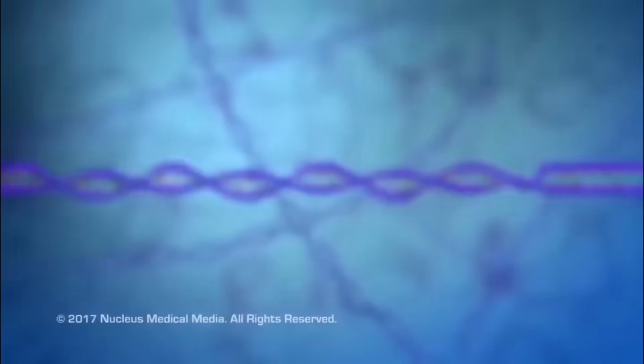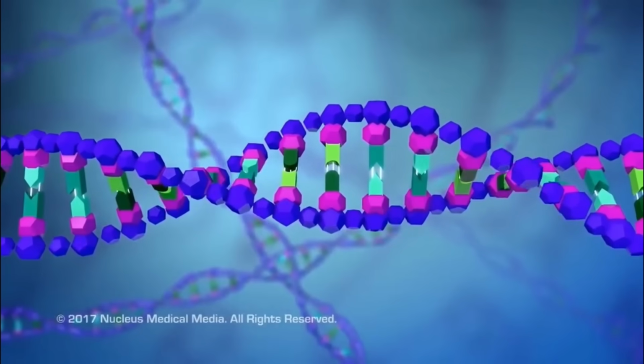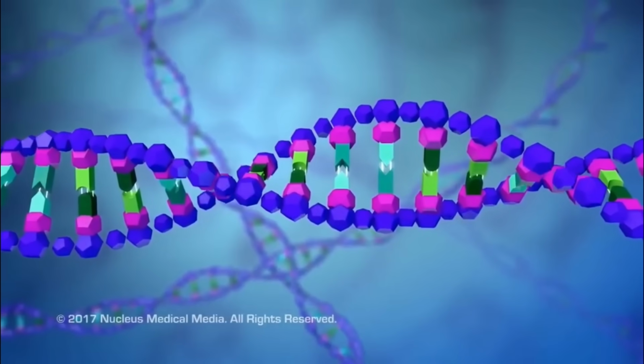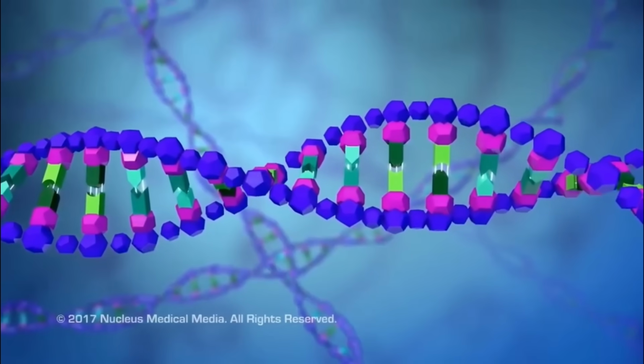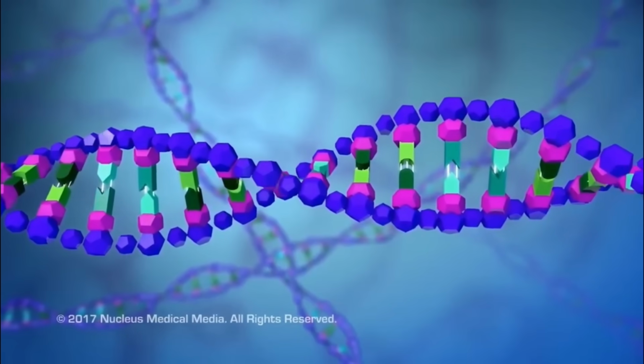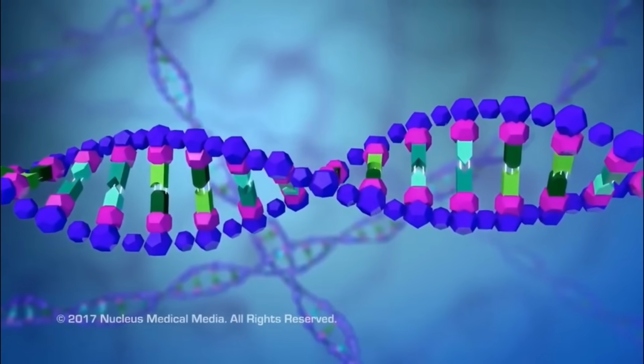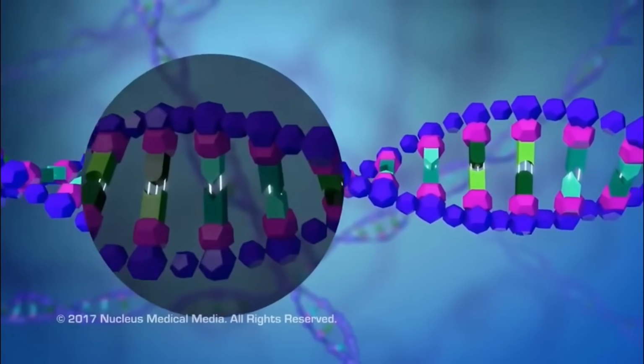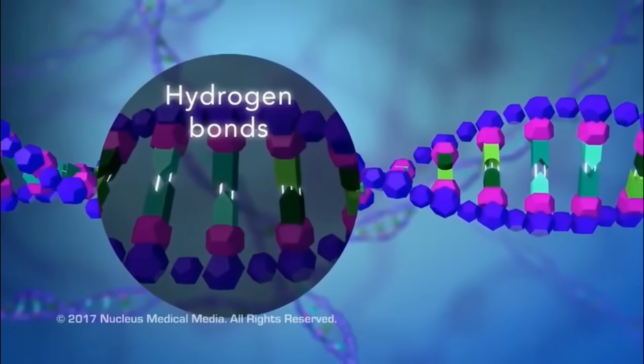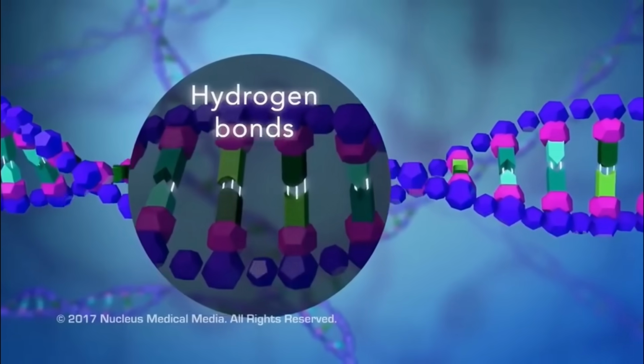If we zoom into the nucleus, we can see the DNA molecule's two strands or sides twisted together in the classic double helix formation. The two strands are connected by hydrogen bonds between their nitrogenous bases.